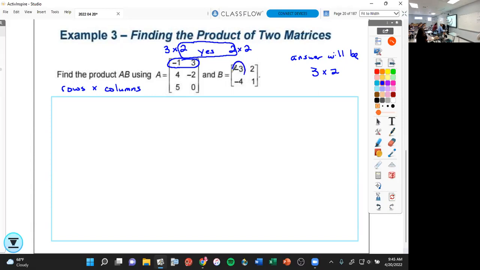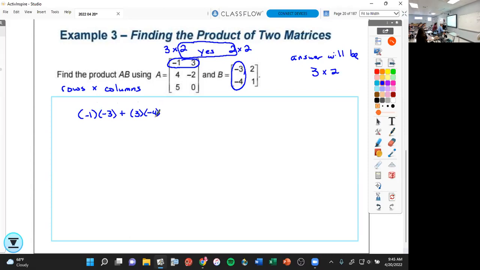This is column 1. I have -1 times -3 plus 3 times -4. That is going to be row 1, column 1 in my answer.